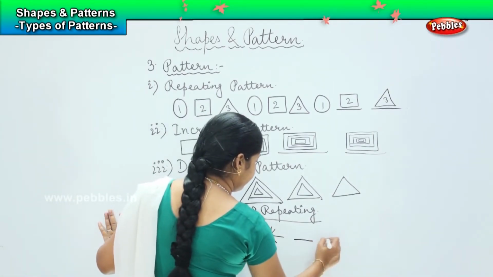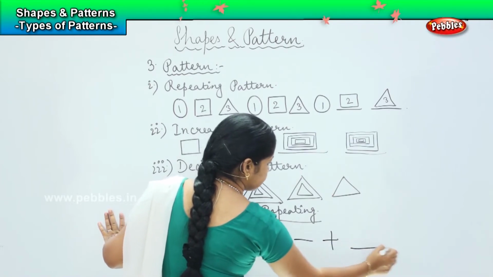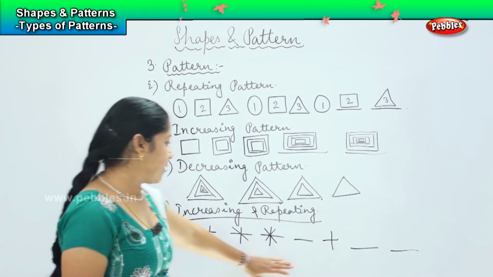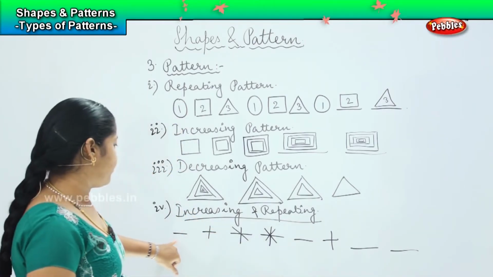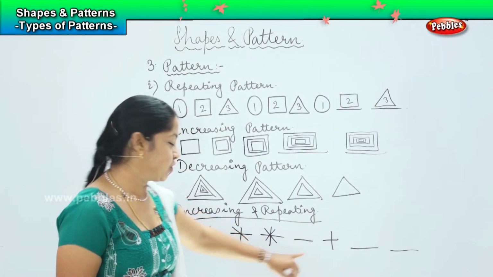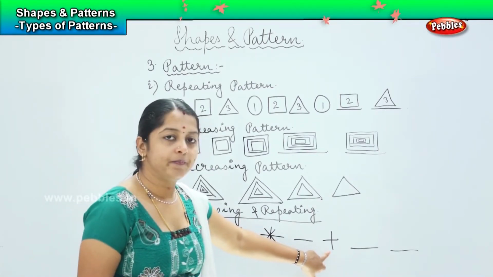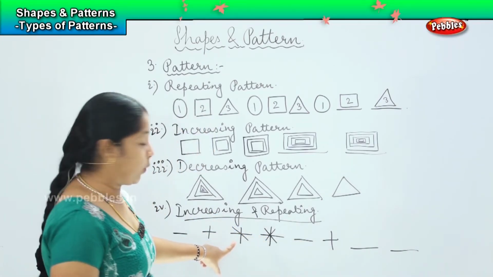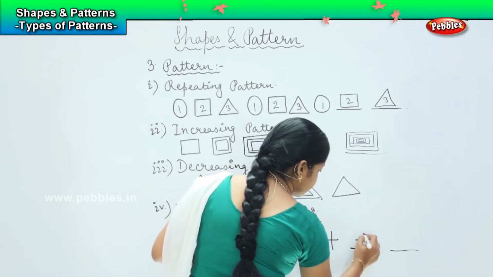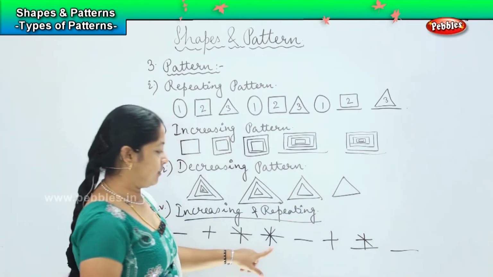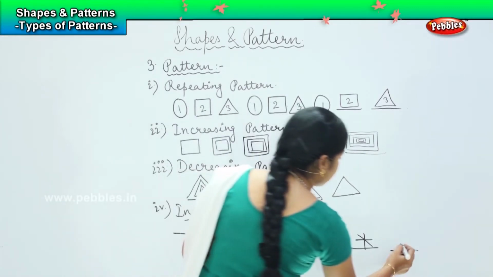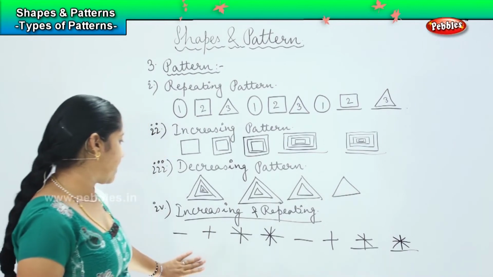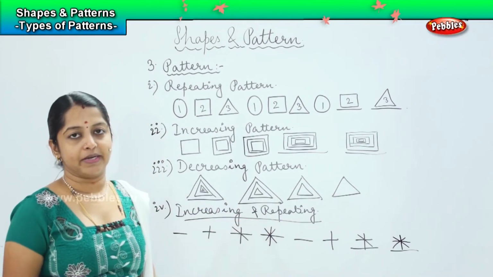Now, 5, 6, and you need to fill the remaining. So, what will you do here? So, this same figure is getting repeated, right? The first one came in the 5th position. Second one came in the sixth position. So, the third one will come in the seventh position. And the fourth one will come in the eighth position. So, this is an example of increasing and repeating.